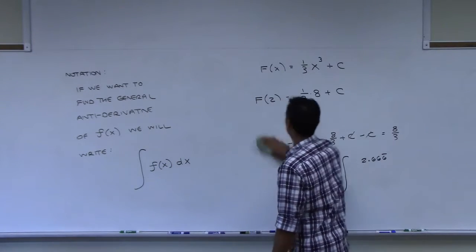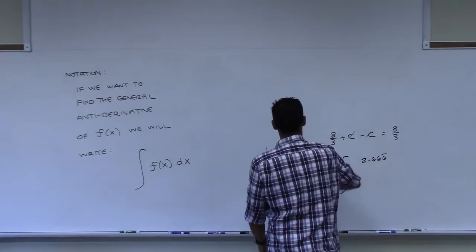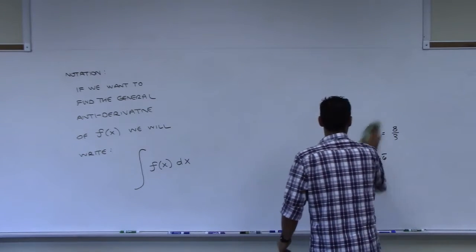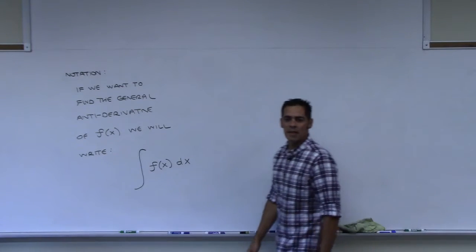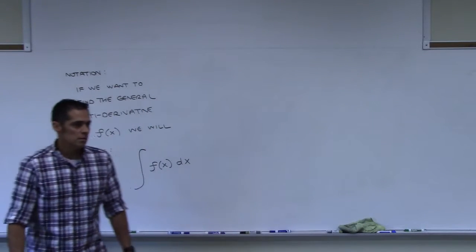That's what we'll write. That's the notation. That is telling you, find the antiderivative of the function f.